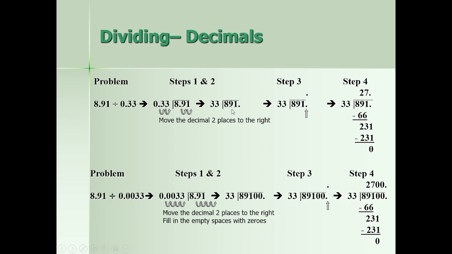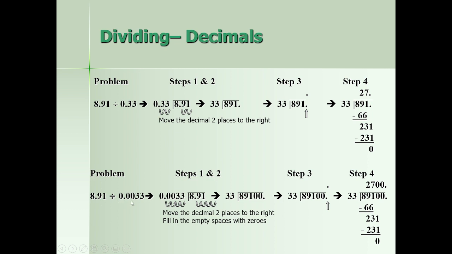This is what you should have once you've removed the decimal points. Now, the decimal point that was left here will be moved straight above the house. And then you begin multiplying as normal. For example, you would multiply 2 by 33, subtract the result, and then 7 by 33, and subtract the result. In this case, it ends in 0.